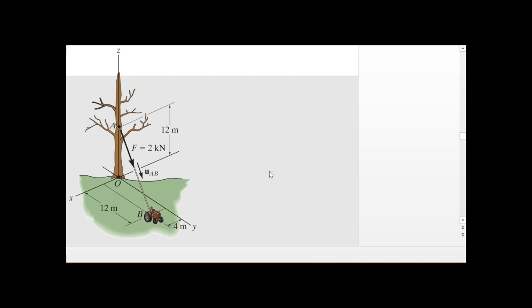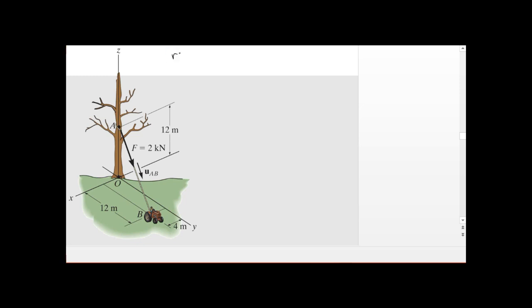So we can first start with ROA or RA, and then we'll go to solve for F after that.